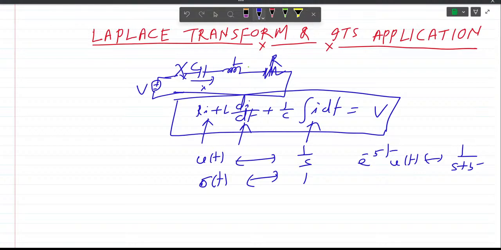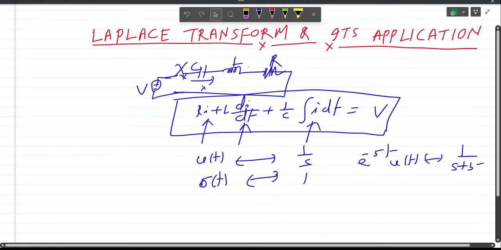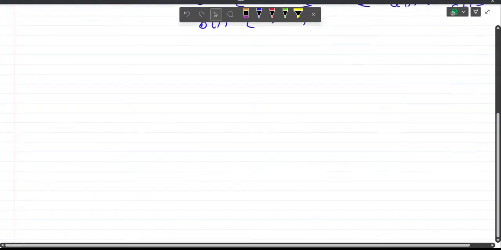Before going to the application of the Laplace transform, we'll discuss a little bit about the Laplace transform itself. Because we are going to apply it to transient circuits, we should know what exactly the Laplace transform is and how it is found.